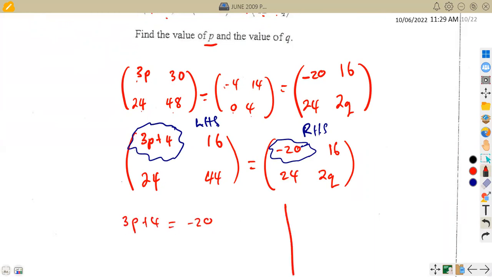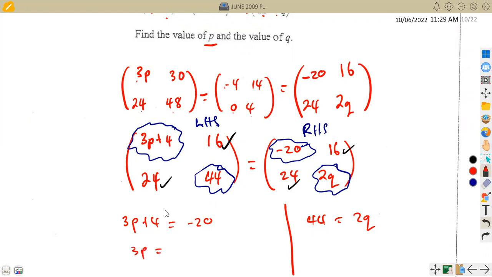You can find P from there. Then from Q, the corresponding elements, this 44 is supposed to correspond with 2Q. So 44 is equal to 2Q as an equation. You can also cross-check from the others that 16 is also 16 here, 24 is also 24. If these numbers are different, it means that is wrong. But as you can see, they are also corresponding. So it means we are somehow in the right direction.